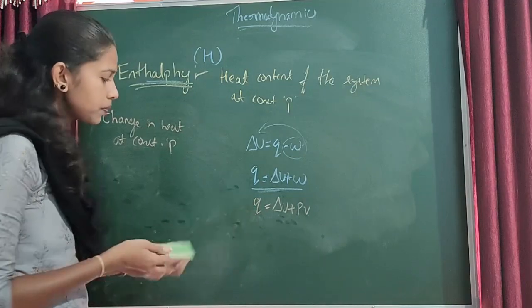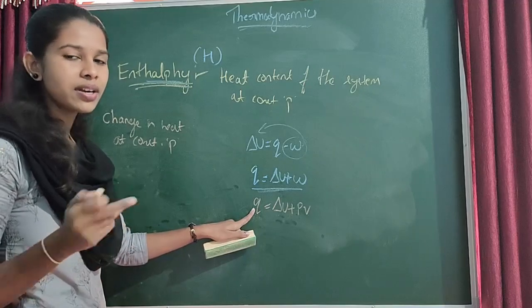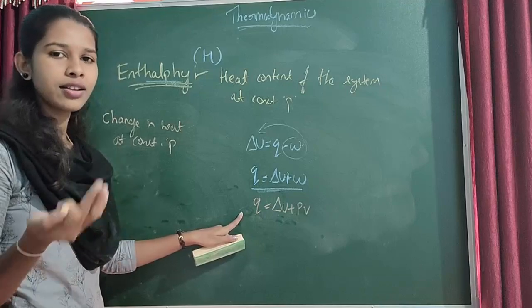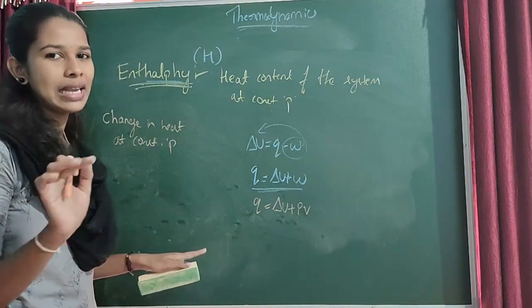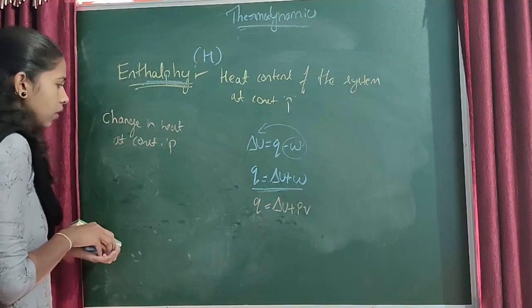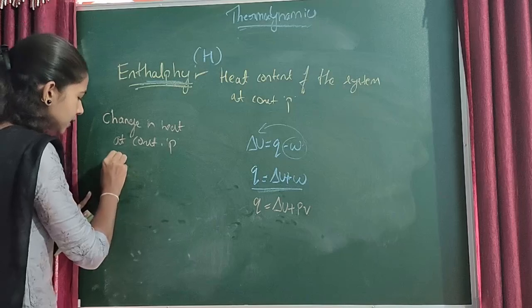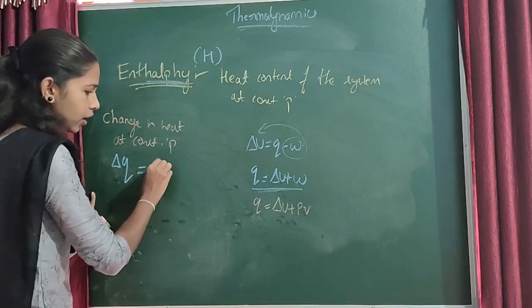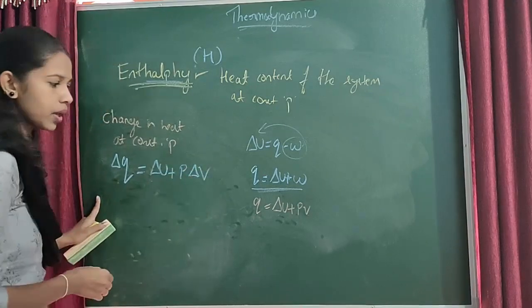Heat is represented by Q, so change in heat is delta Q. Internal energy is U, so change in internal energy is delta U. So change in heat at constant pressure: delta Q is equal to delta U plus P into delta V.